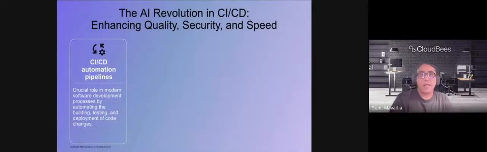So as we talk about AI within the scope of your CI/CD automation pipeline, you have to look at how AI can bring in the building, the testing, and deployment of code in an automated fashion.